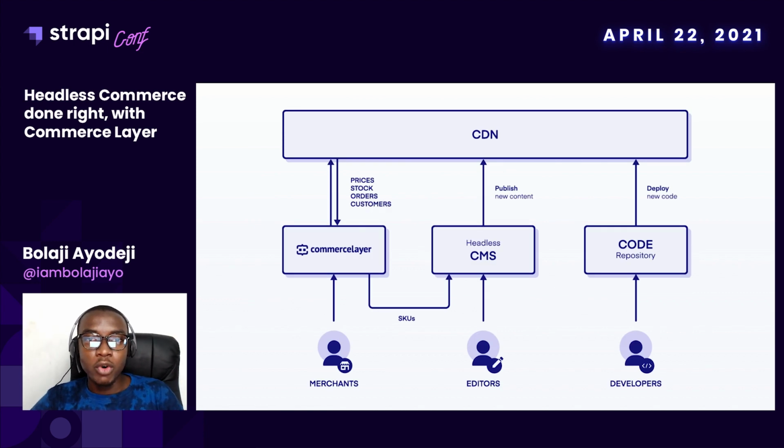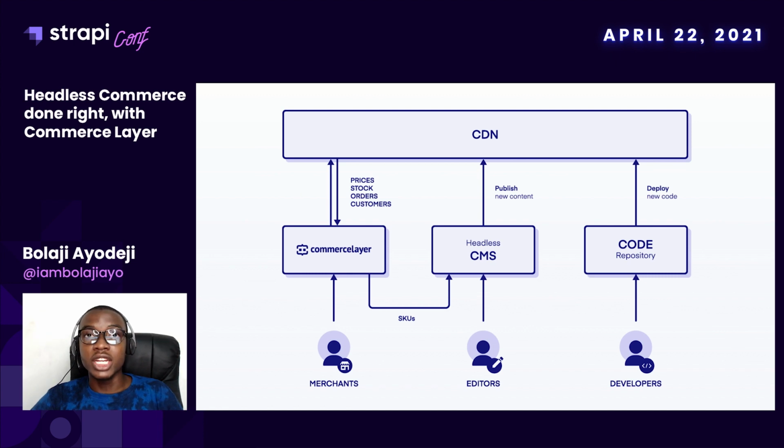And this is an example of what the headless commerce architecture looks like with Commerce Layer. So we have 3 building blocks. We have Commerce Layer, we have your headless CMS like Strapi, and we have your code repository. As a merchant, you go into Commerce Layer, you structure your organization, you add some prices, you add some SKUs, which depict items you're selling in your organization.